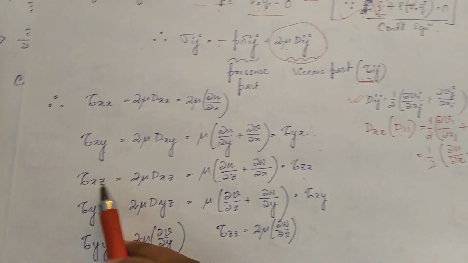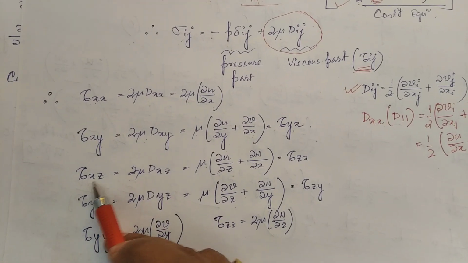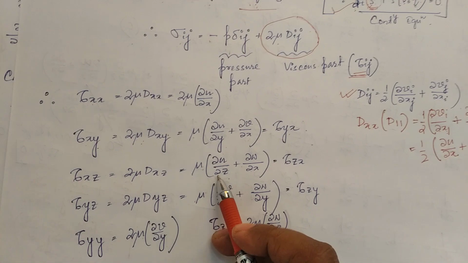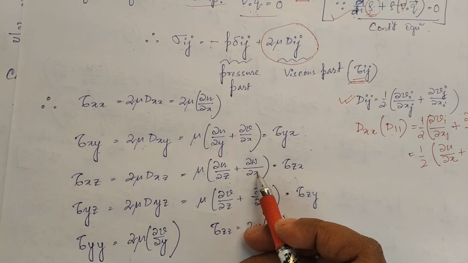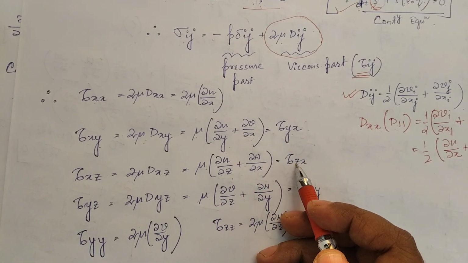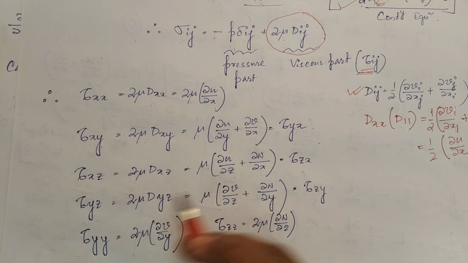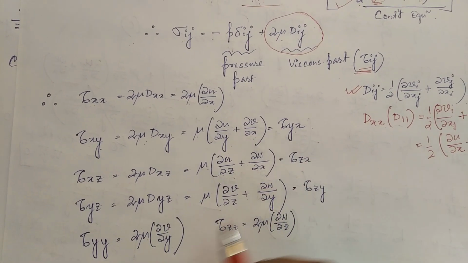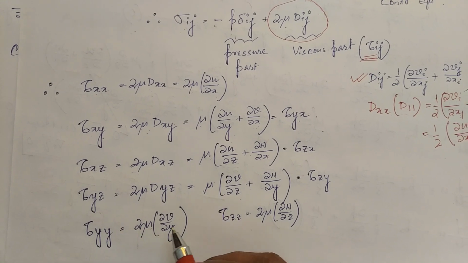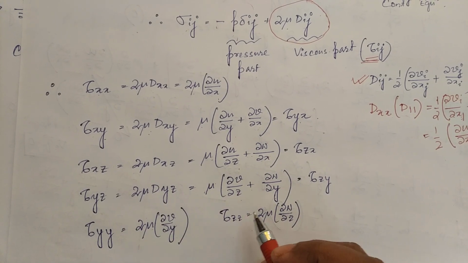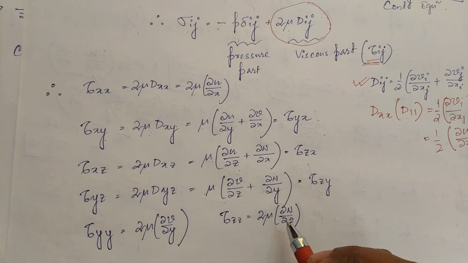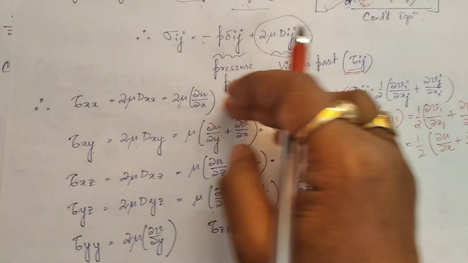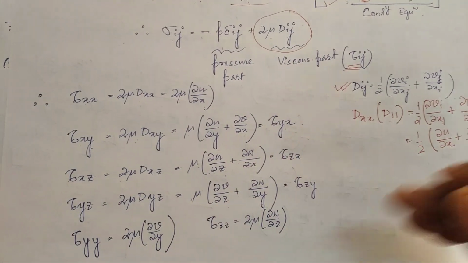You can verify it. Similarly tau xz will be mu times del u del z plus del w del x, and that will be your tau zx. Tau yz will be mu times del v del z plus del w del y, tau yy will be twice mu del v del y, and tau zz will be twice mu del w del z. You can verify all this at home.